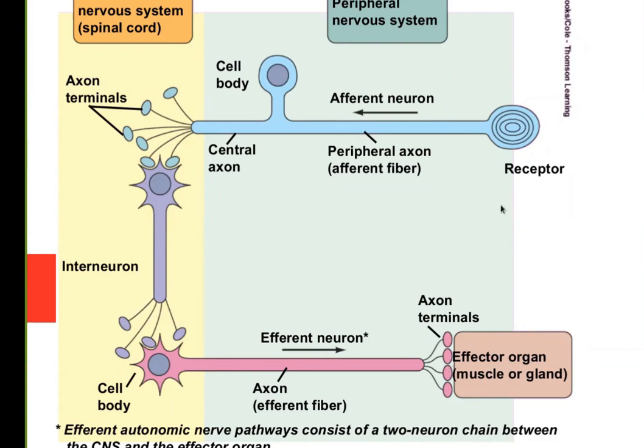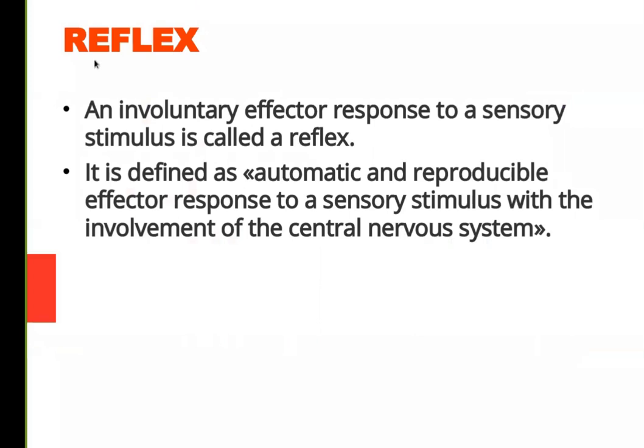That's why, for normal realization of some functions, the impulse should travel through all these components, from receptor to a working organ, muscle or gland. And this is highly important because it's the normal pathway for realizing neuron activity. This pathway is usually named reflex or reflectory arc.